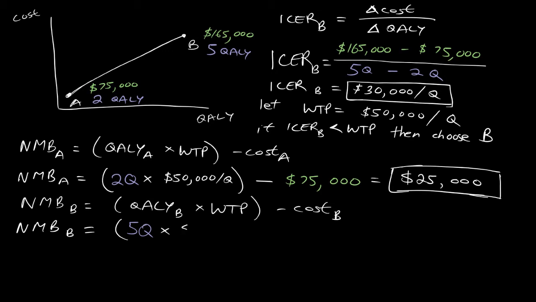The willingness to pay, we just let that equal $50,000 per quality. That's sort of a convention, society's dollar value of a year of life. Subtract the cost of B, we said B costs $165,000.